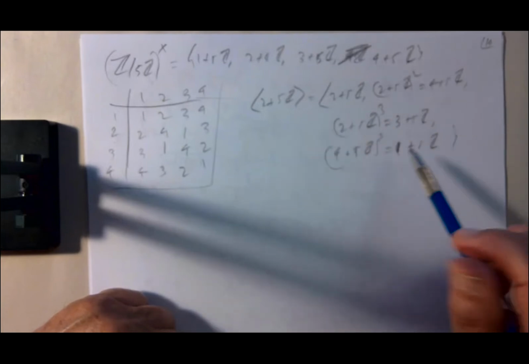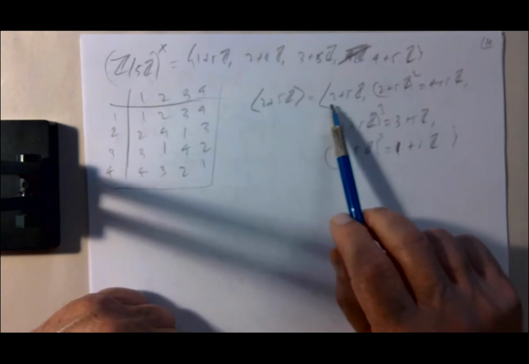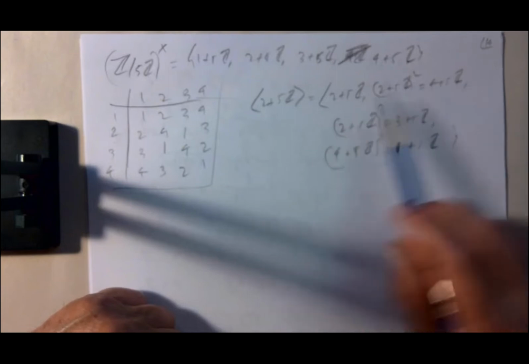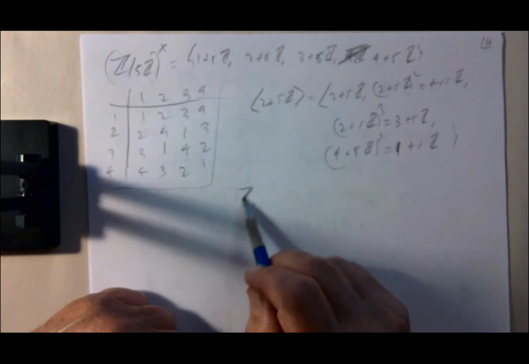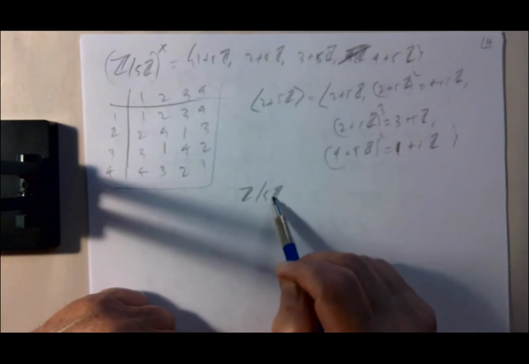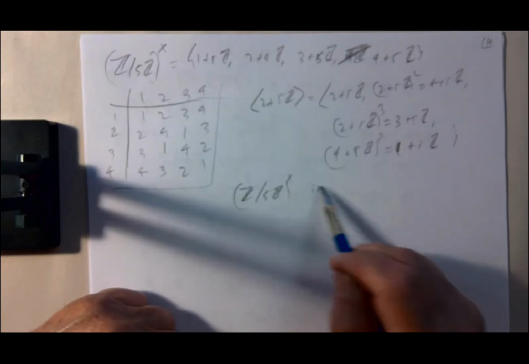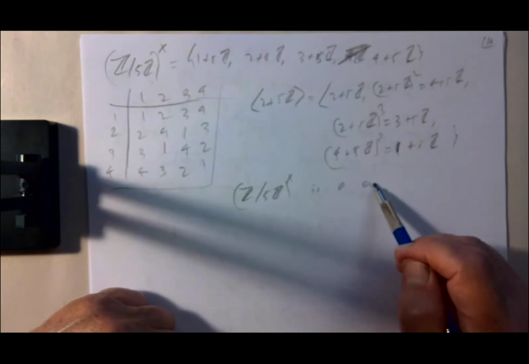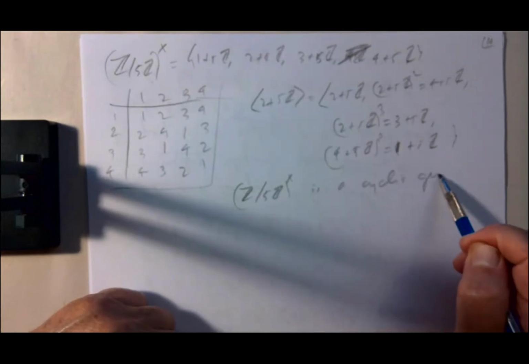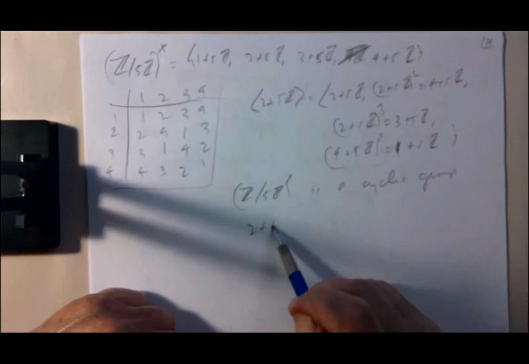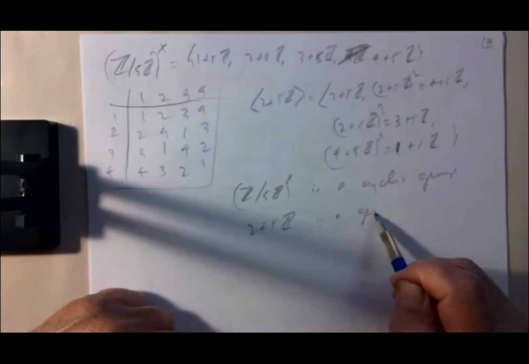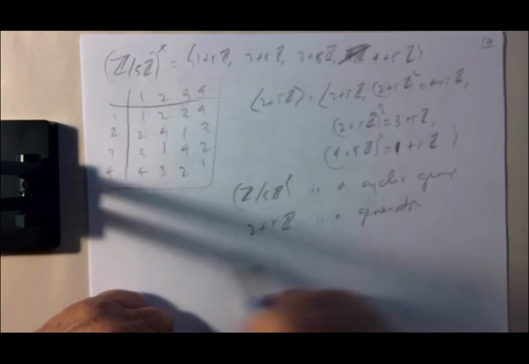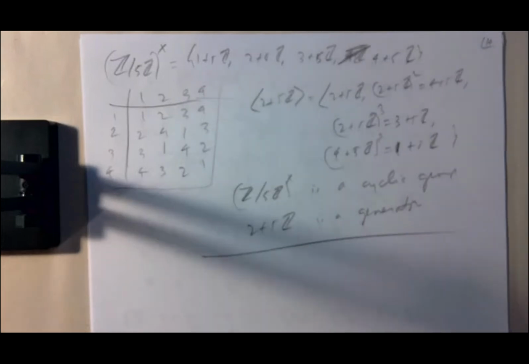These powers then just start to repeat, but you notice that with the powers of 2 plus 5Z, I get the whole group. So this group with 4 elements is a cyclic group, and 2 plus 5Z, that one particular congruence class, is a generator.